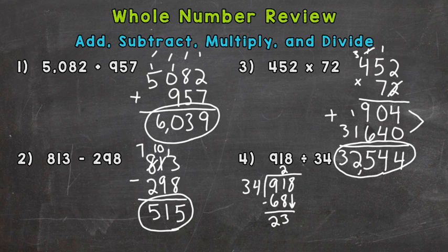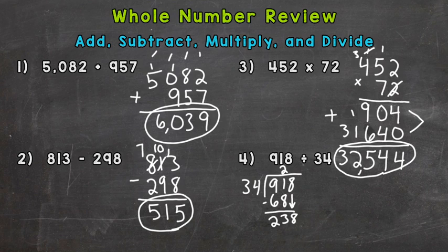Bring down our 8. Now we have 238 divided by 34. Now, you might not know off the top of your head how many whole 34s I can pull out of 238, so it might take some estimating and checking. For example, I know 34 times 10 is 340. Well, 238 is well below that.